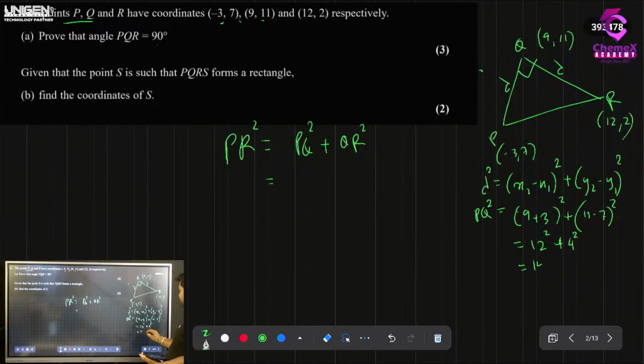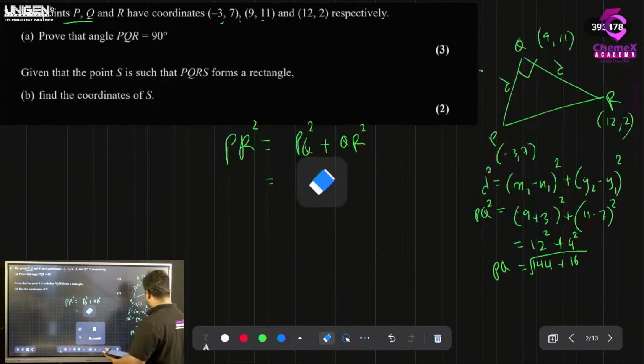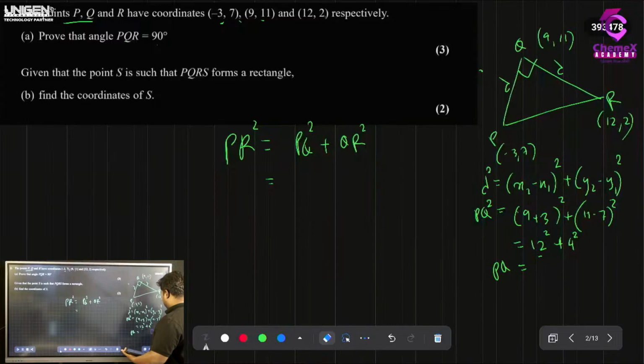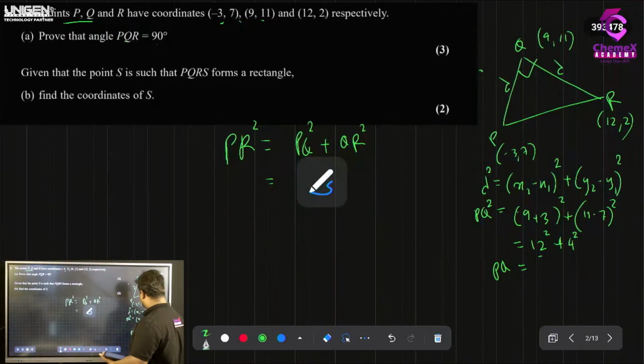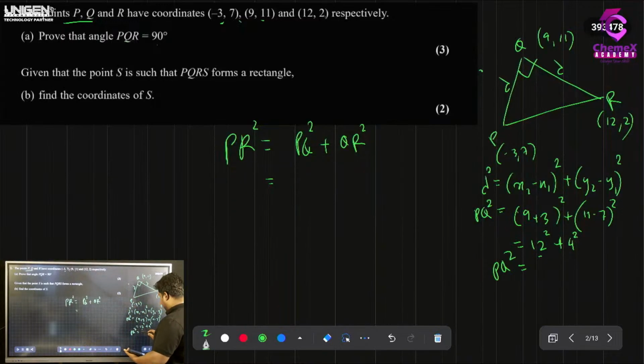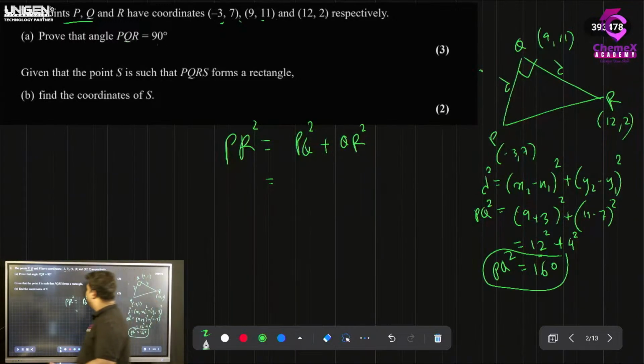So that's going to be 144 plus 16. Without rooting it, let's write it as squared. PQ squared is equal to 160. Keep it inside.